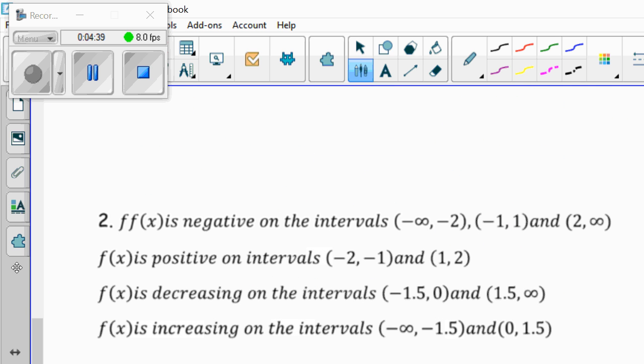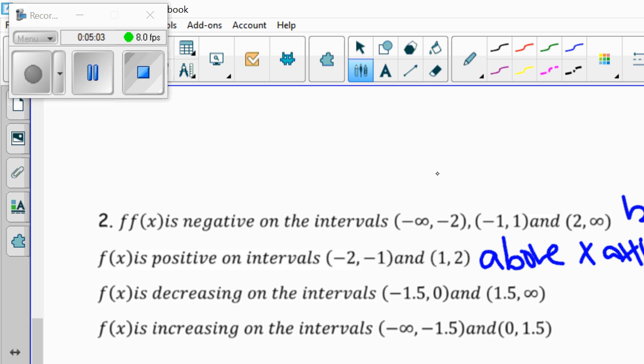f of x is negative on the intervals of negative infinity to negative 2, negative 1 to 1, and 2 to infinity. So this means it's below the x-axis here. f of x is positive on the intervals negative 2 to negative 1 and 1 to 2. So I know here we are above the x-axis.